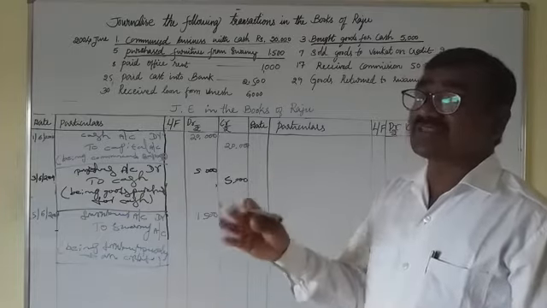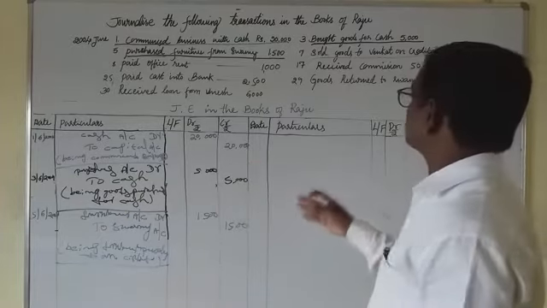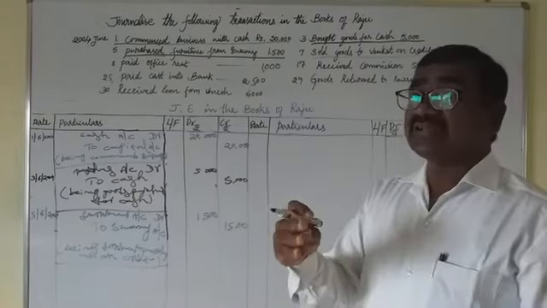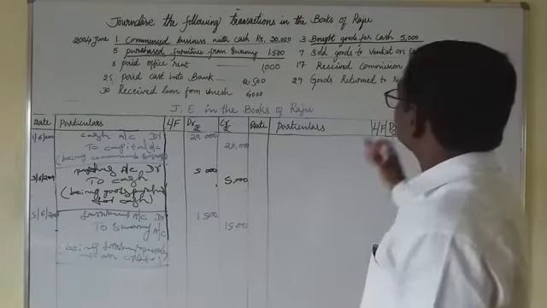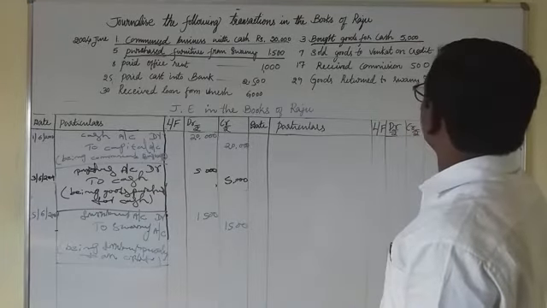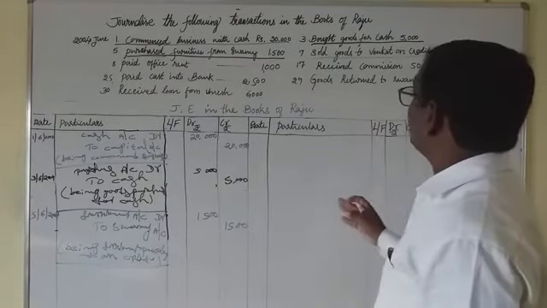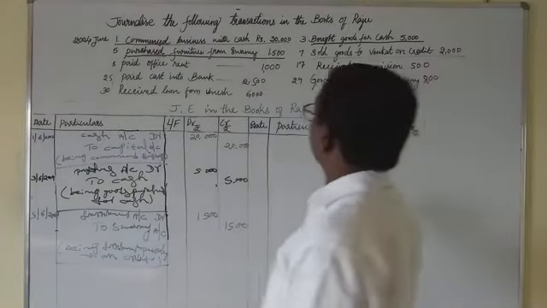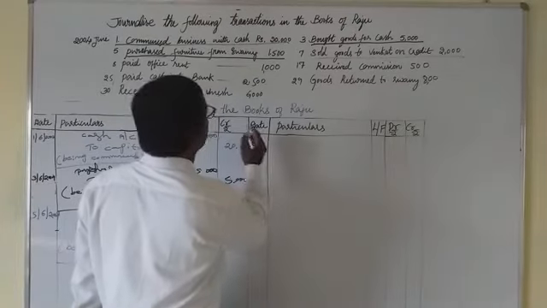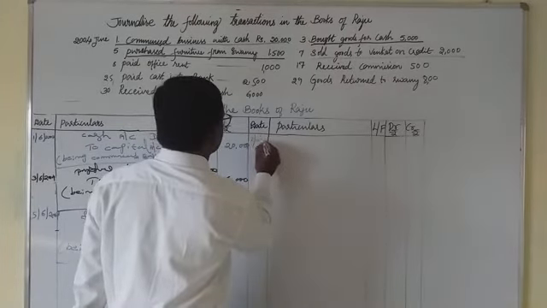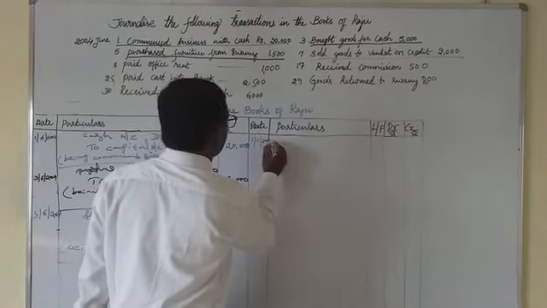Sold goods: nominal account rules, debit all expenses and losses, credit all incomes and gains. When we sell goods to somebody, it is an income. So sold goods to Venkat on credit rupees 2000. Venkat account debtor. Next entry is 7/6/2004.